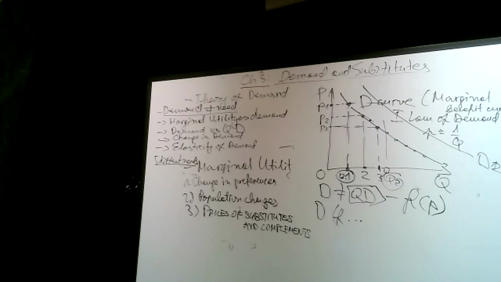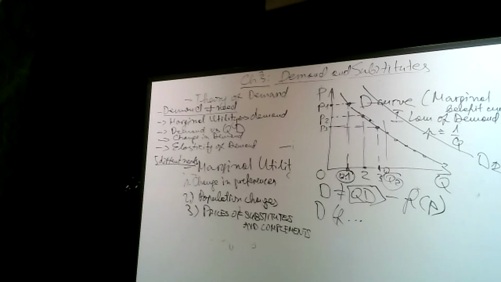The higher the price of one substitute, the demand for the other one will increase. The price of margarine goes up, the demand for butter increases, of course. Complements: it decreases, obviously. The price of golf balls increases.